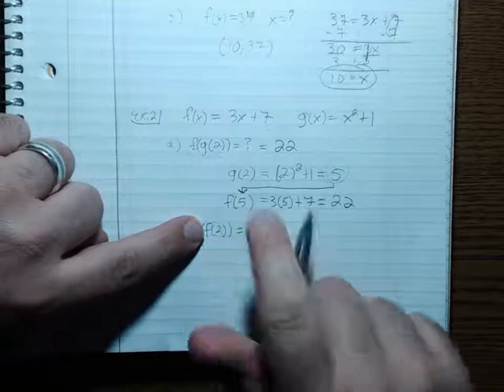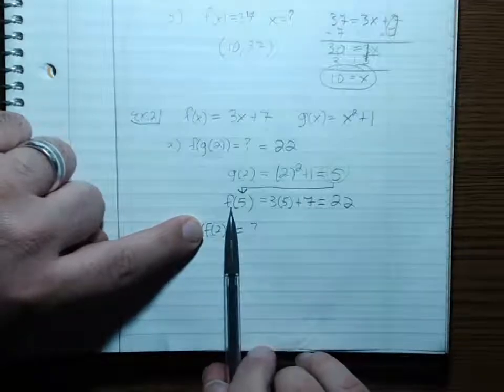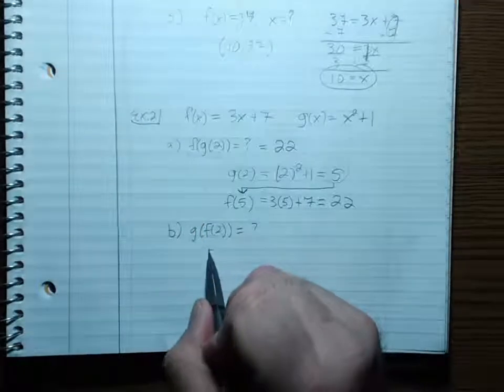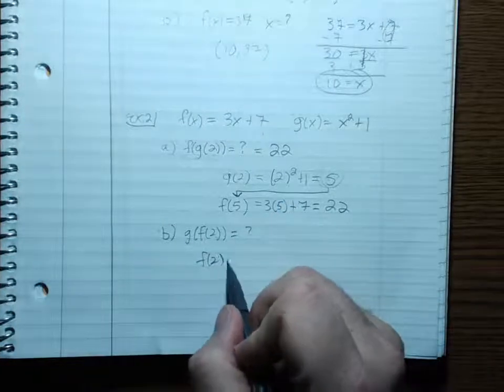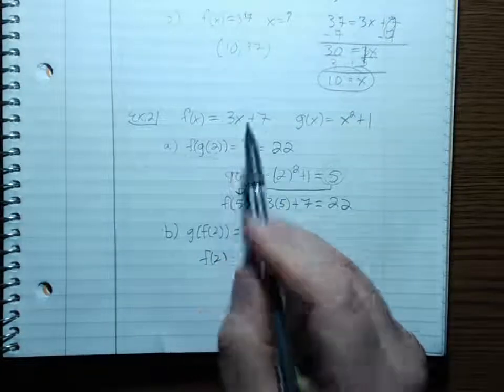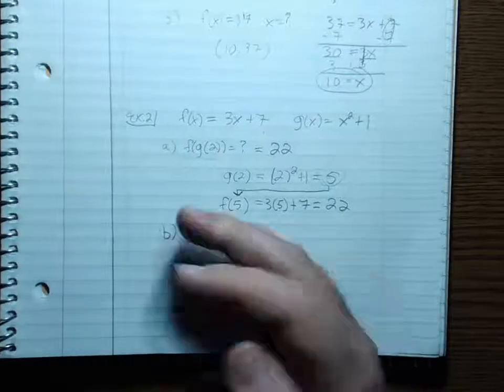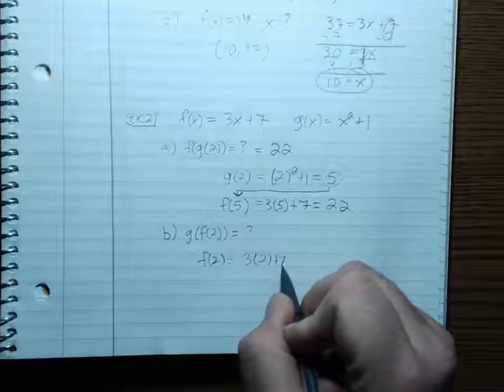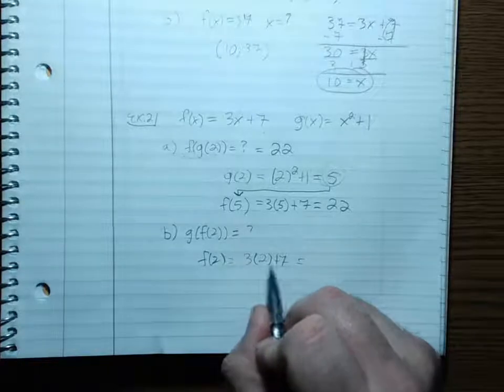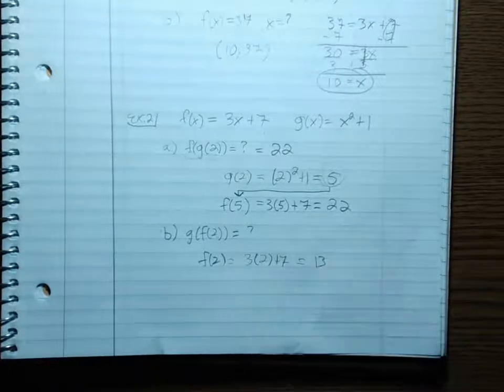So we're, again, starting in the middle, right? So we'll start with f of 2. That means I'm going to find out what f of 2 is by taking 2 and sticking it in the f machine. It's going to be 3 times 2 plus 7. 3 times 2 is 6, plus 7 is 13.